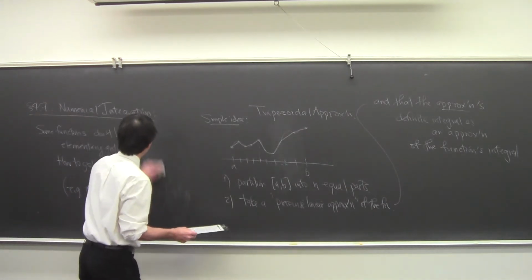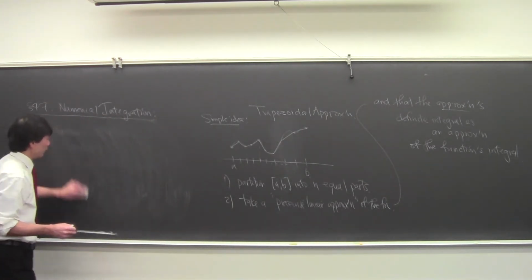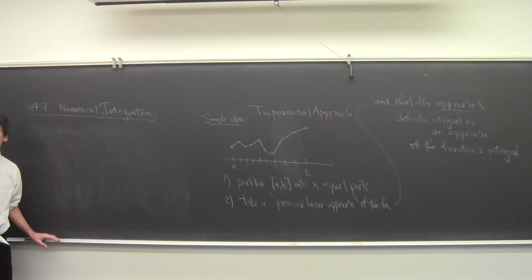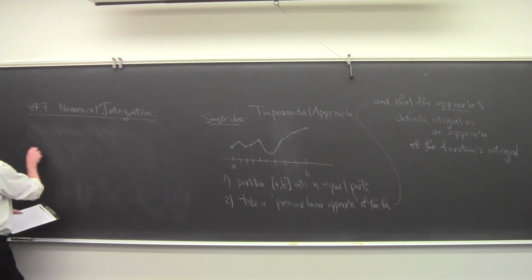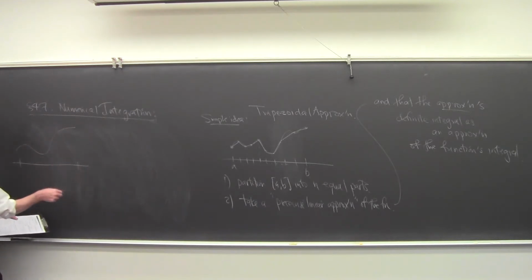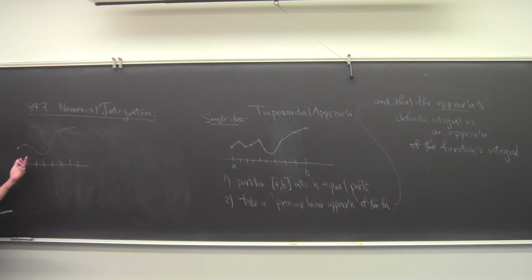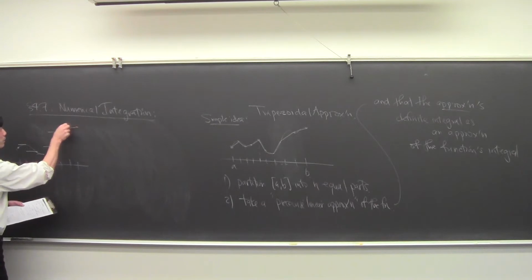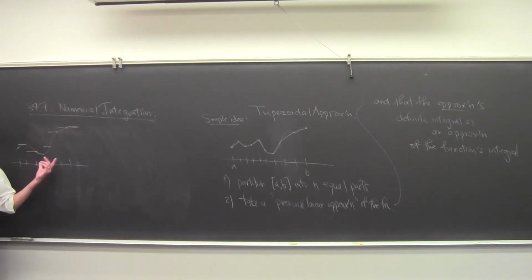So this is sort of a variation on how we theoretically define the definite integral. Right? You remember how we defined the definite integral? We said one way was to take a partition and then take, say, the right endpoints and make an approximation like this, right? I don't know if you saw this when you were in Calc 1, but this is one way of getting to the definite integral.